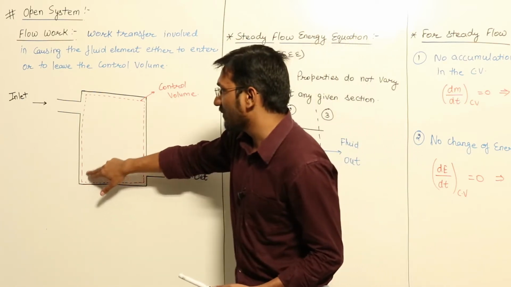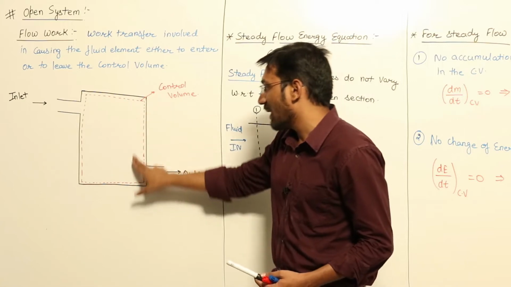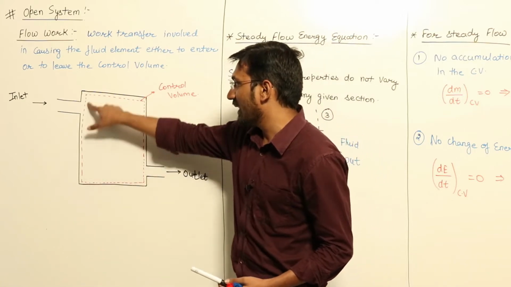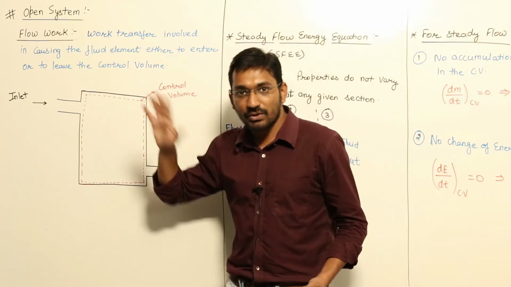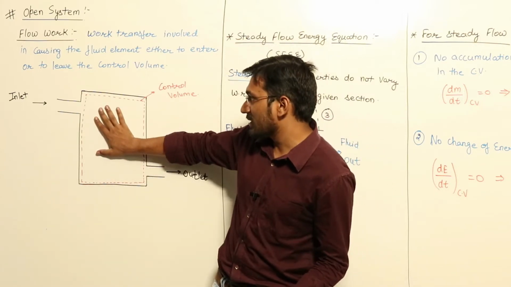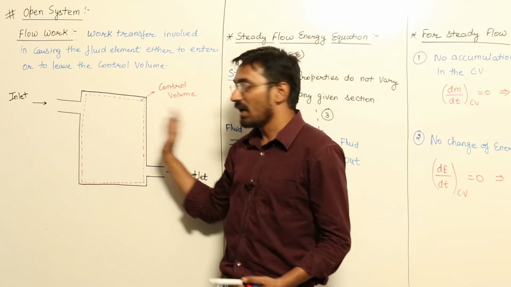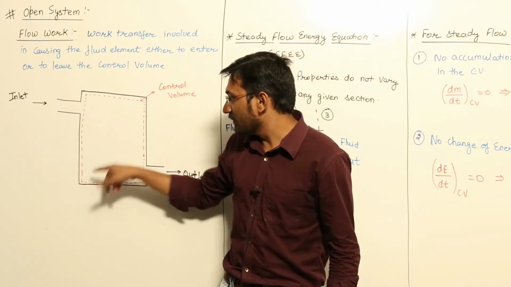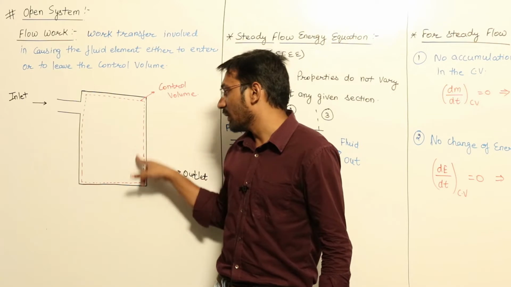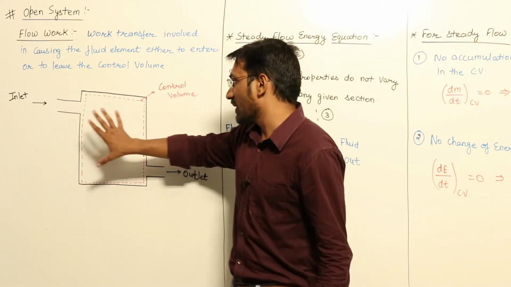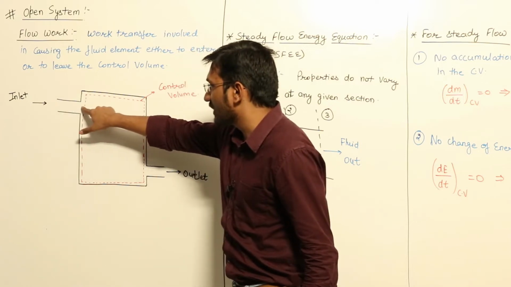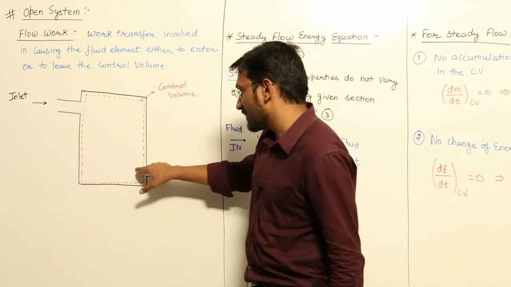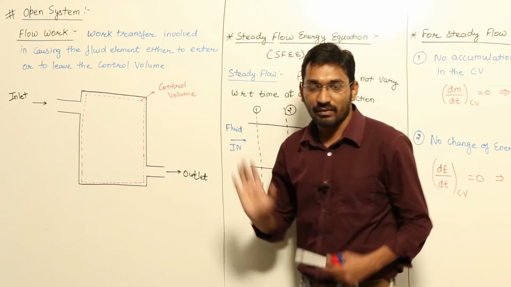With the help of this red line, I have to demarcate the boundary. This red dotted line is our boundary. We have to show the boundary to indicate that this is our system. Other than this system, everything is surroundings. So this is your control volume, right? Our discussion will be confined to this space only. Air is entering from this inlet valve and air is coming out from this outlet valve, right?